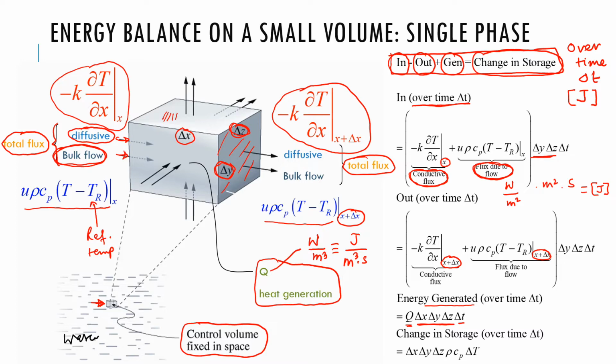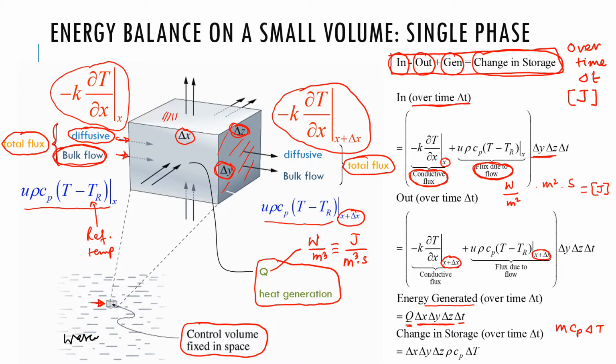So this change in thermal energy of that control volume is given by m Cp delta T, mass times specific heat times change in temperature.